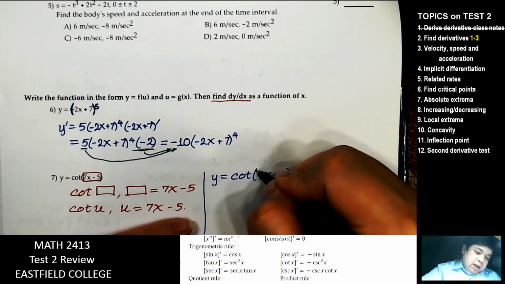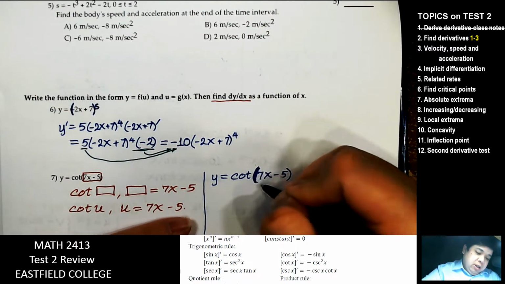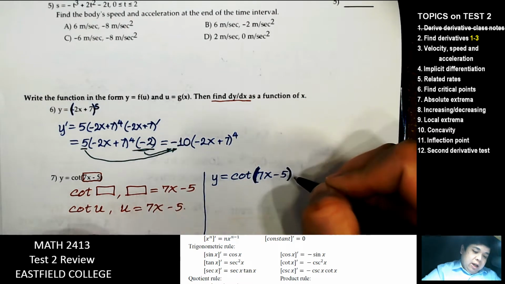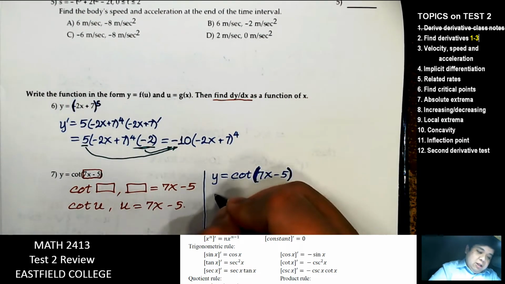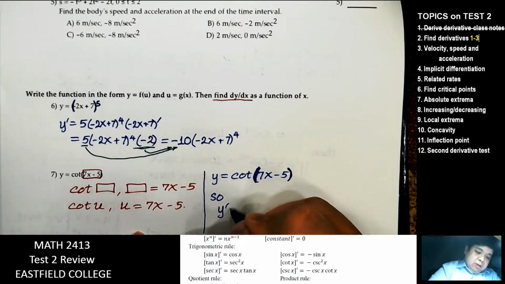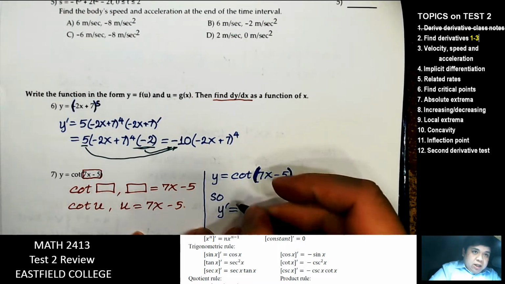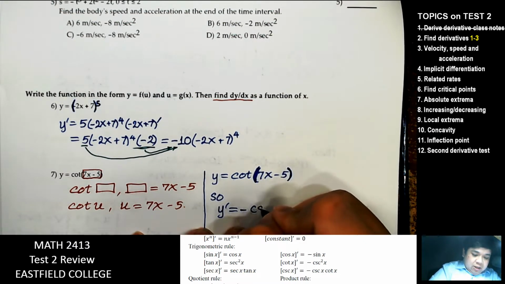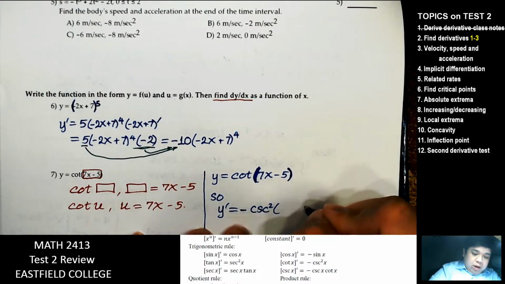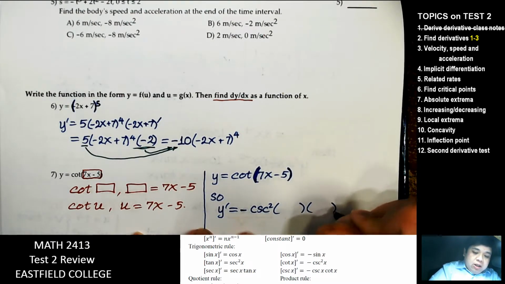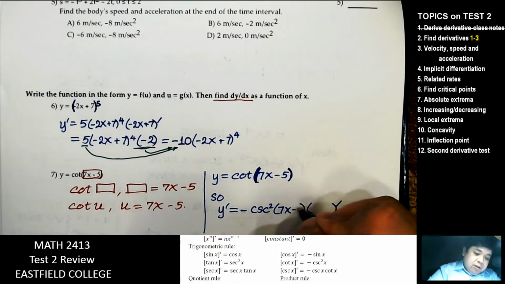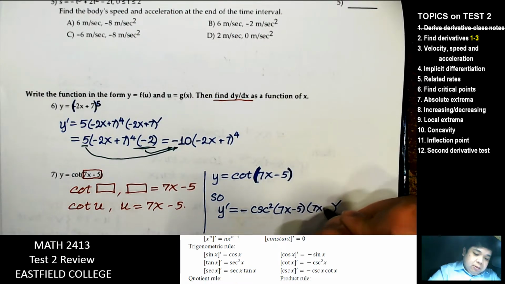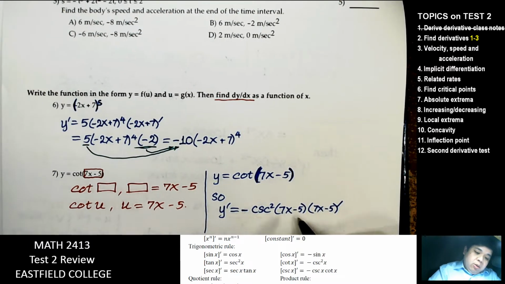Right. Next we have the parentheses, and the derivative of cotangent of a parentheses is negative cosecant squared of the parentheses and then the parentheses prime. Doesn't matter what is inside. So we just have that. Derivative of this is just 7.